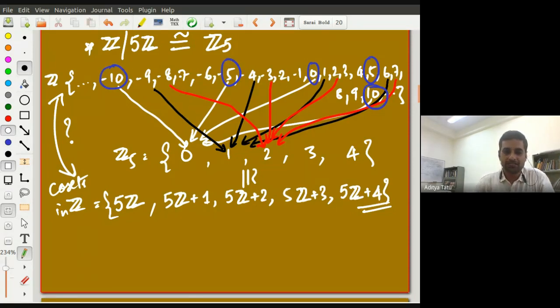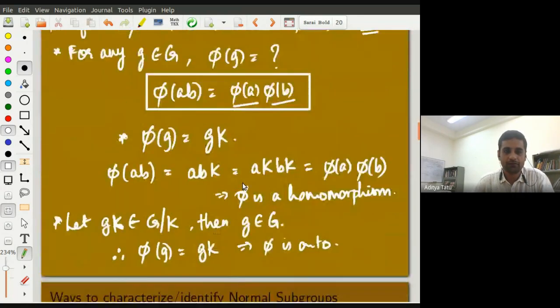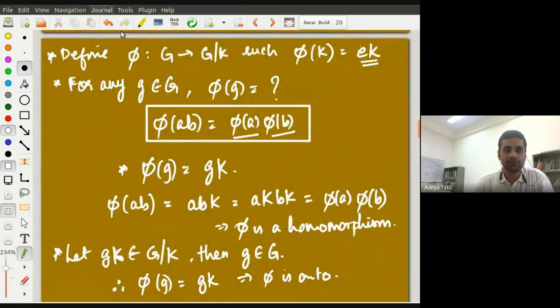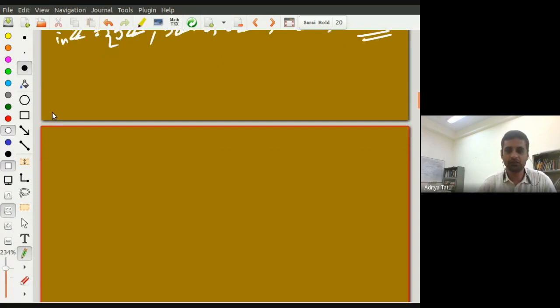Okay, so maybe let's take another example, so that this is clear. Which example should we take? If you want me to take any specific example, then I can do that.